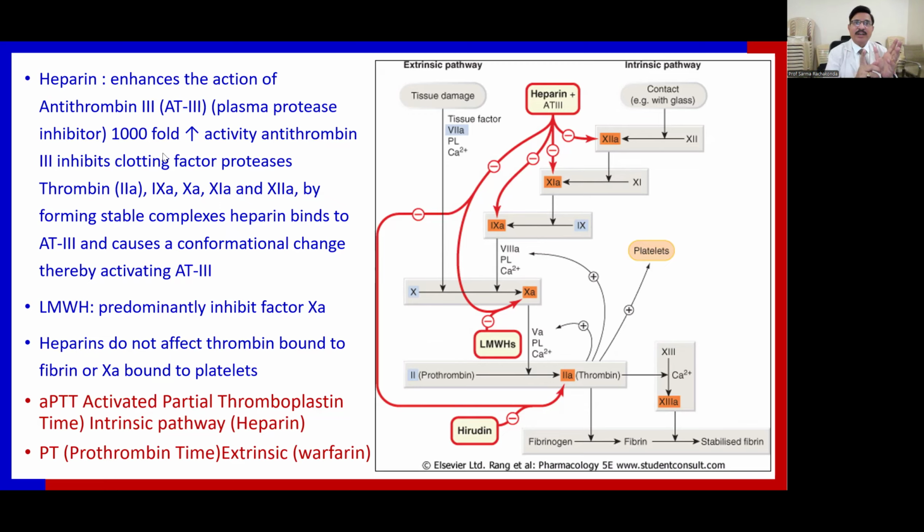So, do 3 tests, APTT, PT and TT, to know where the defect is, to locate the defect. These questions will come. A patient's APTT is prolonged to this much, normal value being this much, PT is normal, common pathway test TT is prolonged. What is the defect? Like that, you have to put the answer. You get the scenario now.